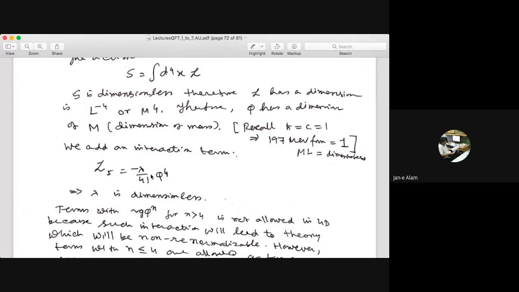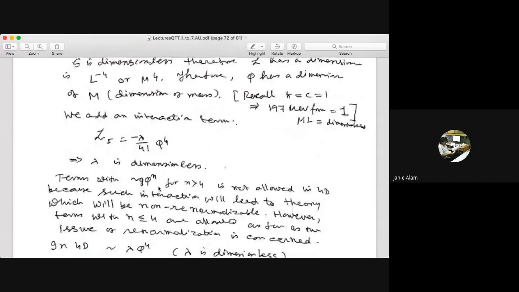Now the question is, why am I taking phi to the 4? Can I take phi to the 5? No. Let me tell you why. This dimensional analysis will guide us as to what kind of interaction term we can put in the theory. Knowing that L has dimension m to the 4 and phi has dimension m, phi to the 4 has dimension m to the 4, fine. Lambda, then, the coupling constant, doesn't have any dimension, right?